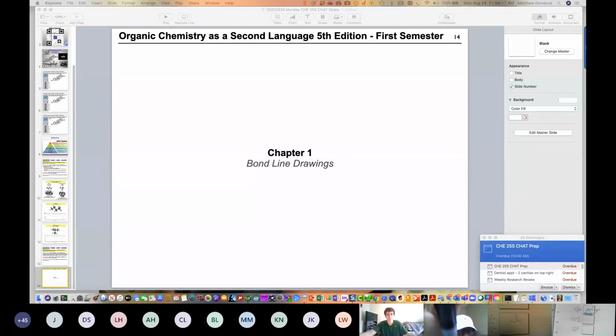Blakely, you're correct. Taka, you're missing a carbon on the linear portion of your molecule.